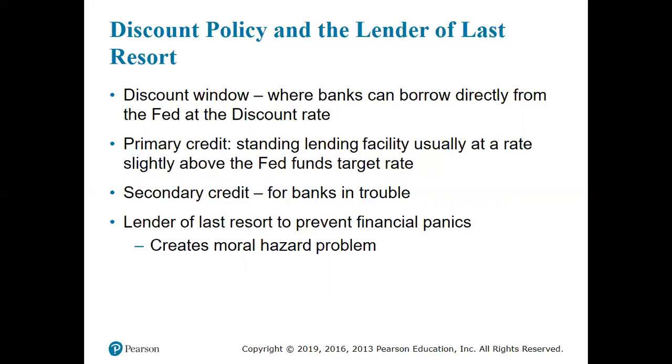There's also a secondary credit rate available for banks that are in trouble, and usually the secondary credit rate is a little higher than the primary credit rate. This is in situations where the banks are really having some difficulty and have been identified as more of a troubled bank that is a riskier loan for the Fed, and thus they're going to charge a little higher interest rate.